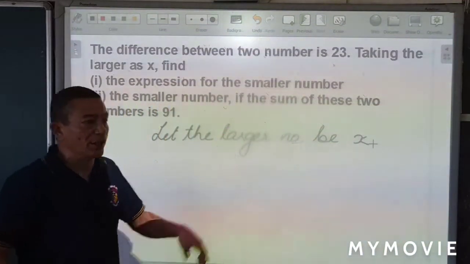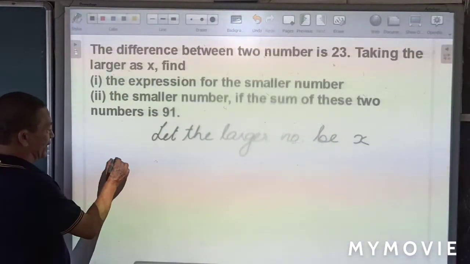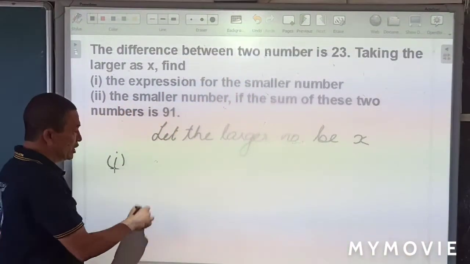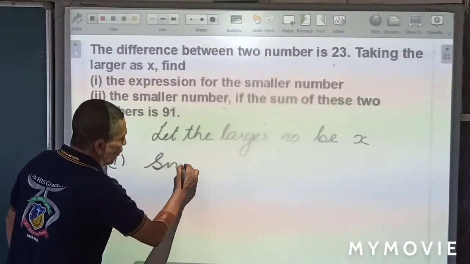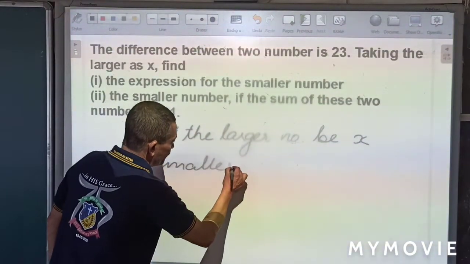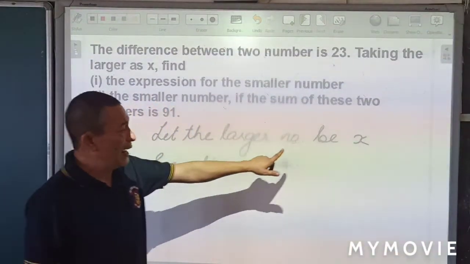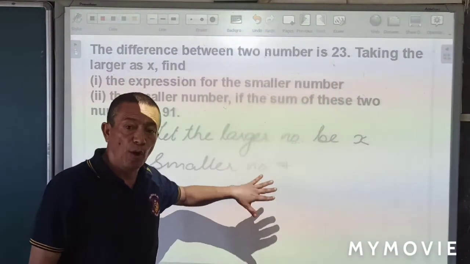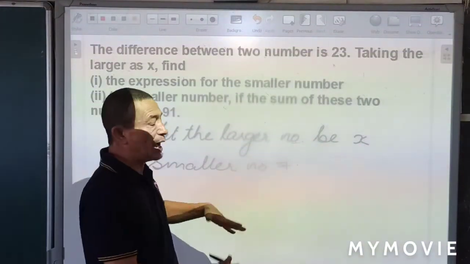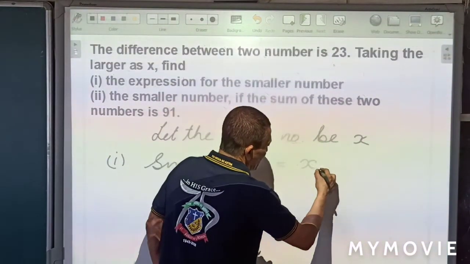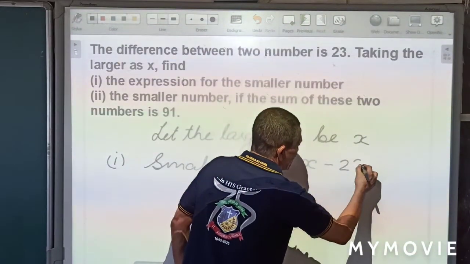So if the larger number is x, I'm supposed to find out the expression for the smaller. So the smaller number will be equal to, now x is the bigger one, the smaller will be less. That means I'll have to deduct from x. So the smaller number will be x minus 23.